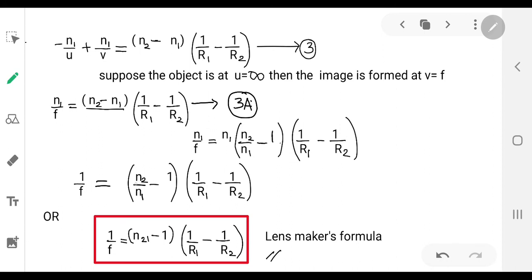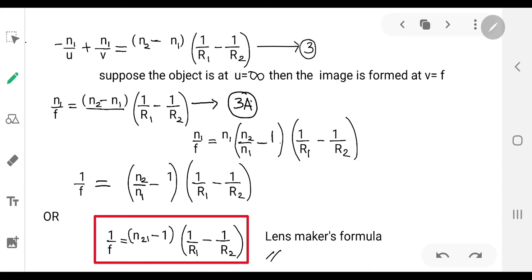With the known refractive index of the material of the glass and the refractive index of the surrounding medium, usually air, if you want a certain value of focal length, then accordingly R1 and R2 will be selected. So with known values of R1 and R2, you can design a lens of a desired focal length.